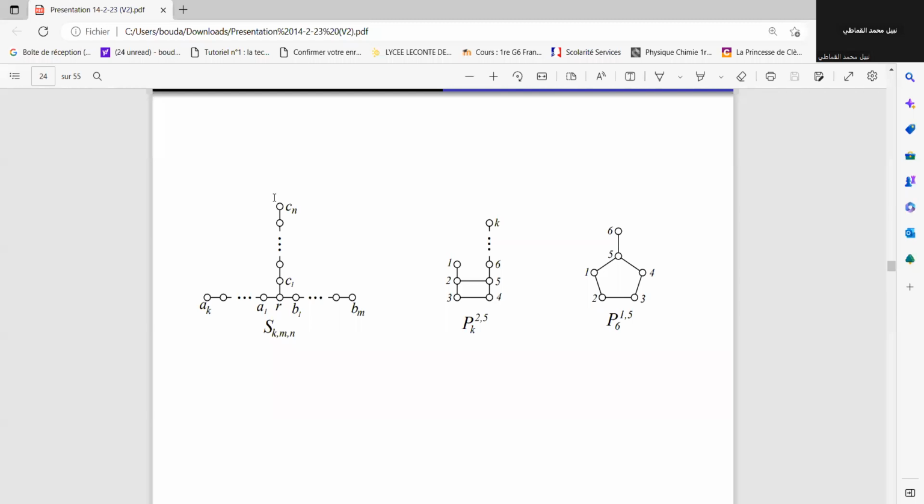Okay, the same root, and we consider the union at the same root. This graph is PK, but we add the edge between 2 and 5. We denote it PK to 5. We add this edge between 2 and 5, and this graph is P6, and we add the edge with 1 and 5.